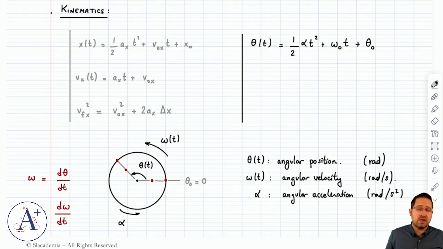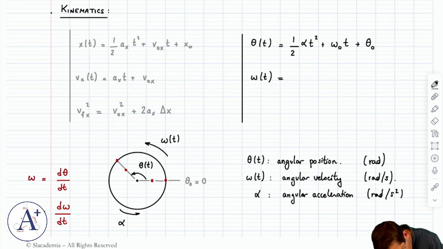It could be 0 if you're at rest, it could be whatever. And theta naught is your reference. Usually we choose 0 because we want theta of t to represent the accrual of radians through which you swept over time. But theta naught does not have to be 0. It could be whatever constant you want. It's just that then this will measure the accumulation of radians as time goes by.